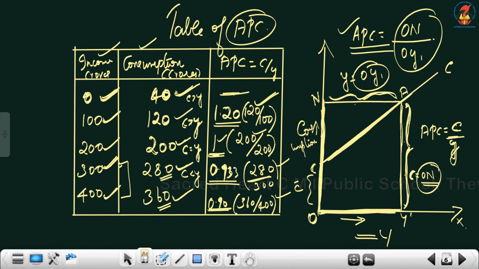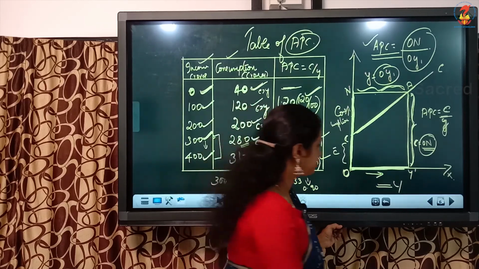So once again with the table, APC is falling from 0.933 to 0.90 when the income has increased from 300 to 400. Hence we have proved that particular statement with the example.